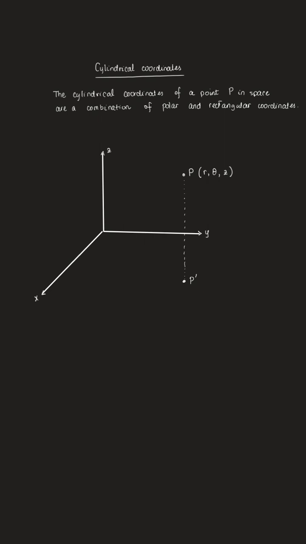This image, its coordinates are r, theta, 0, since when we've projected this, z now is equal to 0. Okay, now, on the xy plane, we can locate P by its distance from the origin, which we're going to call r, just like we do with polar coordinates, and the angle that the point makes with the x-axis. And so this is going to be our theta.